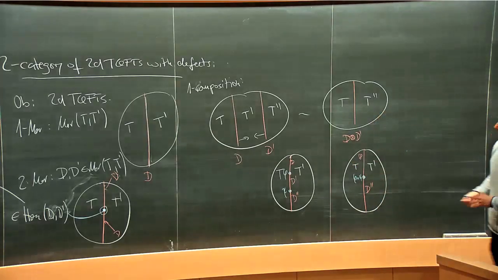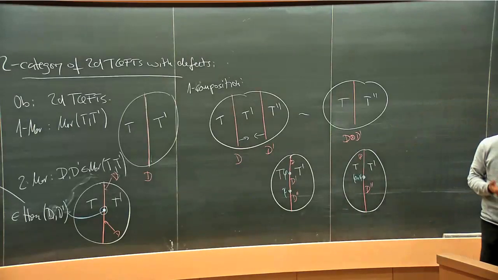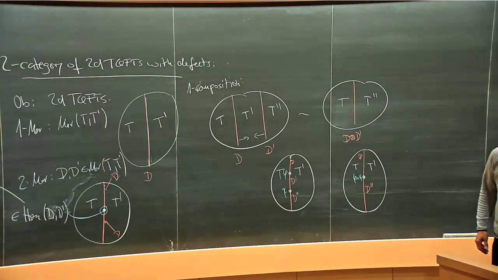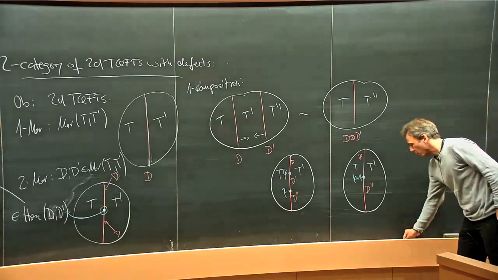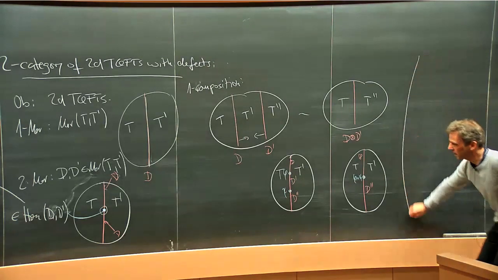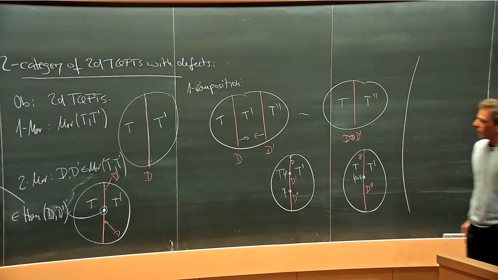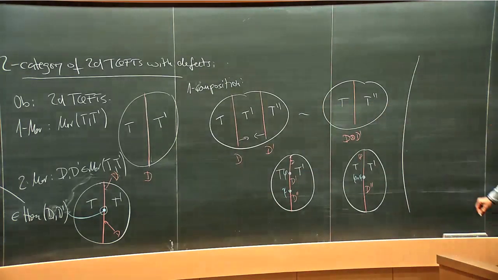Okay, so in this way you define out of this structure a two category. So all the TQFTs, all 2D TQFTs together form this two category. Okay, there are some more properties which I need. So for instance, in this two category, for every object there's some kind of identity one morphism.